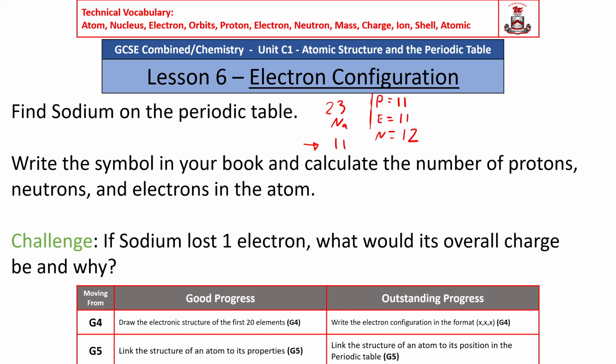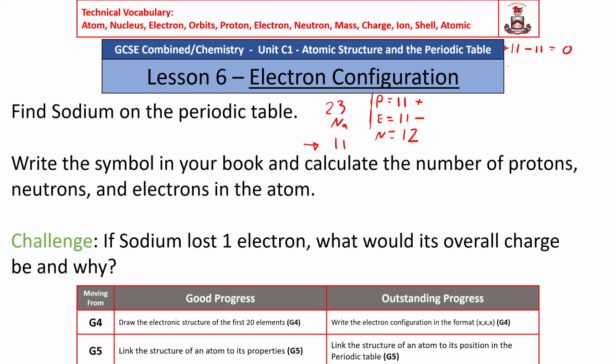So if sodium lost an electron, what would its overall charge be and why? Well, at the moment, these protons have a +1 charge and these electrons have a -1 charge. So right now they balance, right? So if I was to write it as a maths equation, I'd have +11 minus 11 equals 0. So that's a 0 charge. But what if I had lost 1 electron?